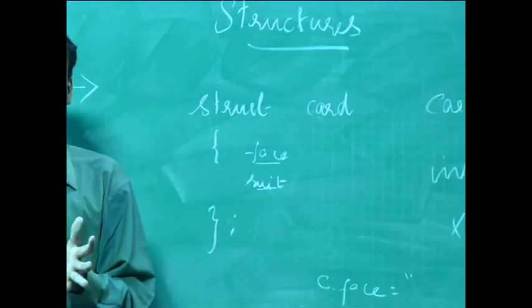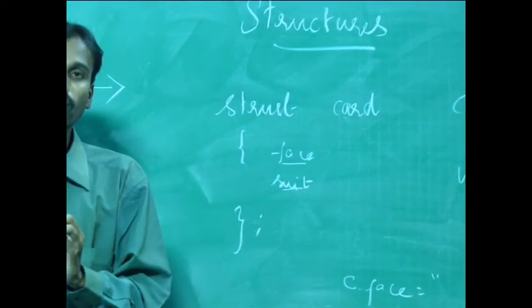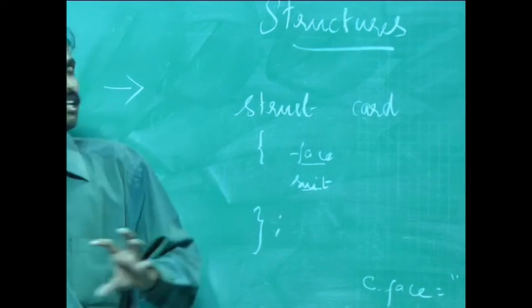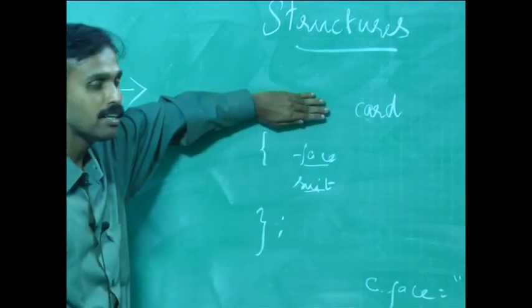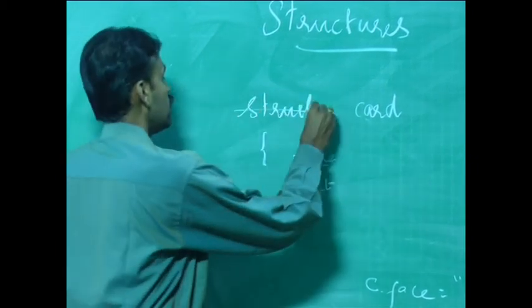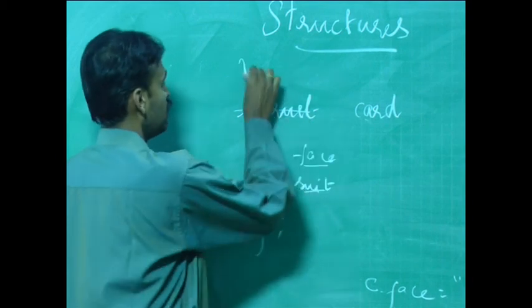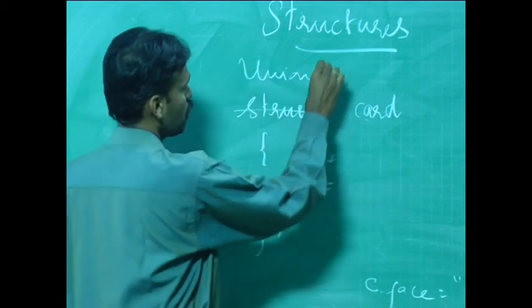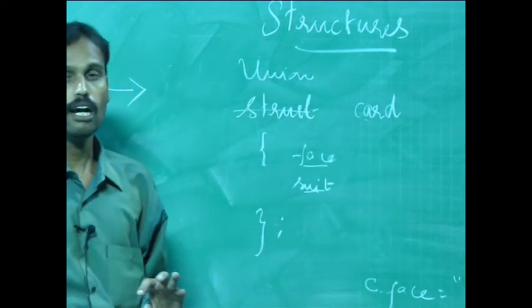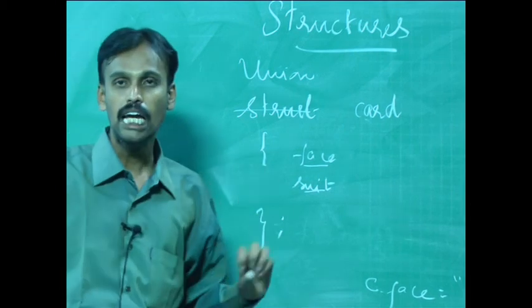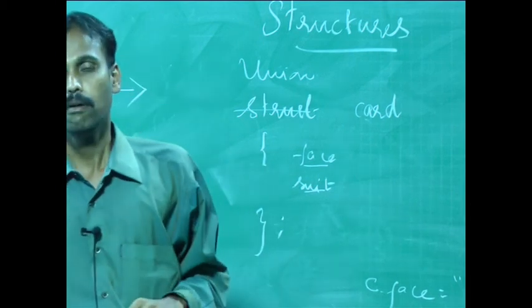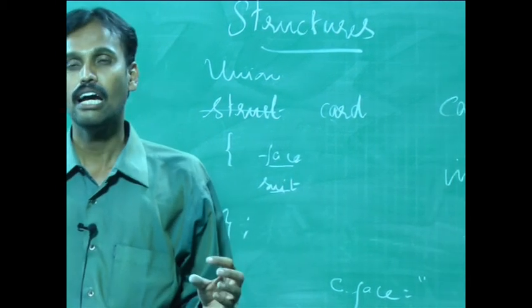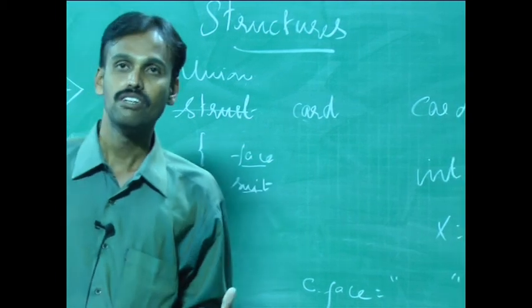And union declaration is exactly the same as a structure. The simple thing is you replace the word struct by union. This is the declaration that you can have for a union. After this, everything is similar to your structure.